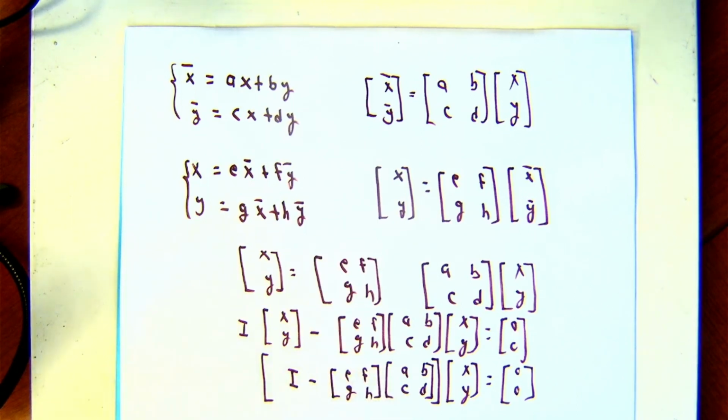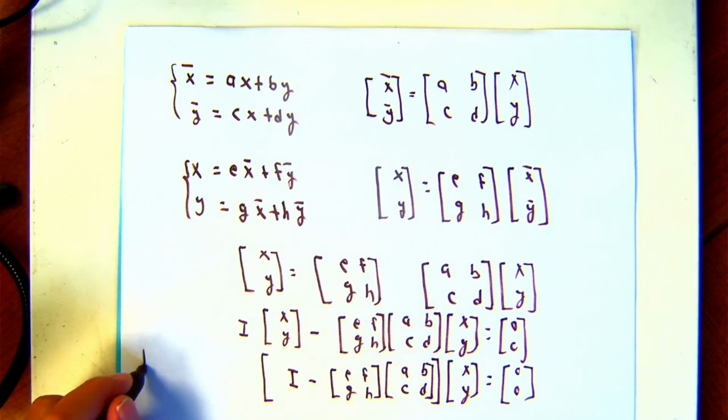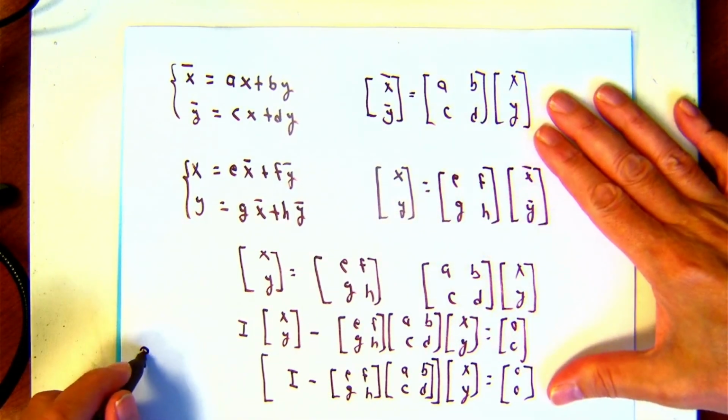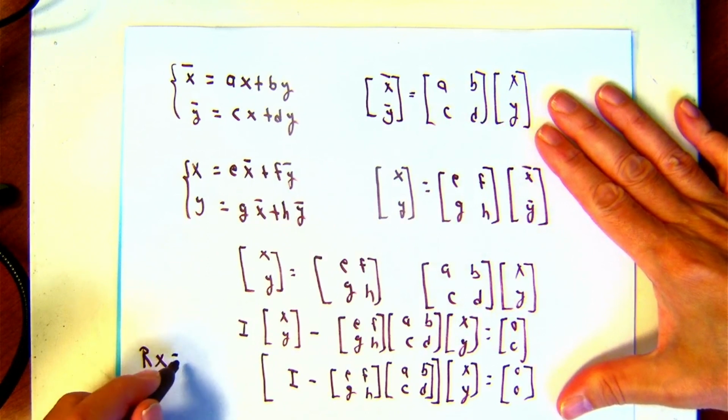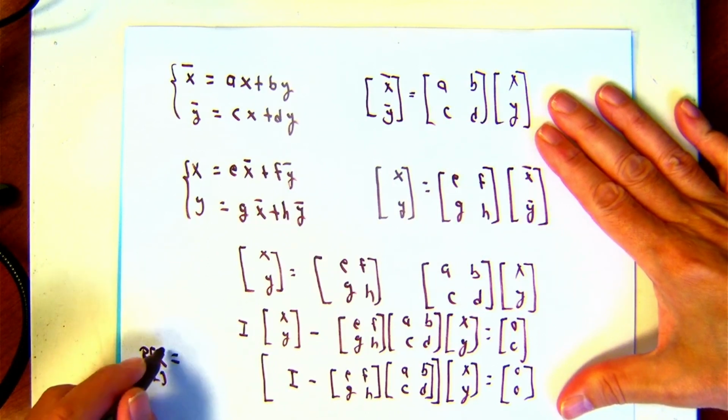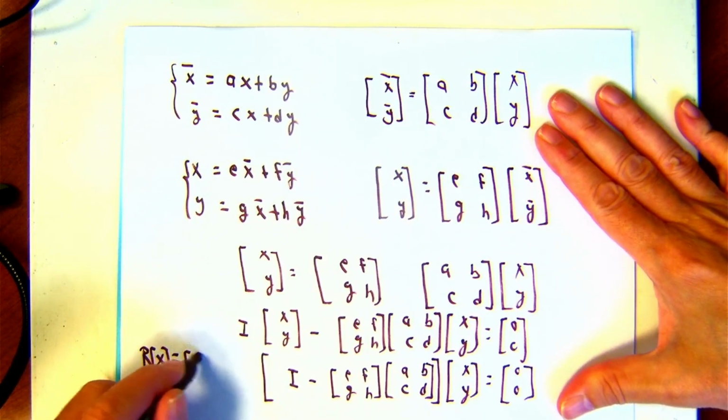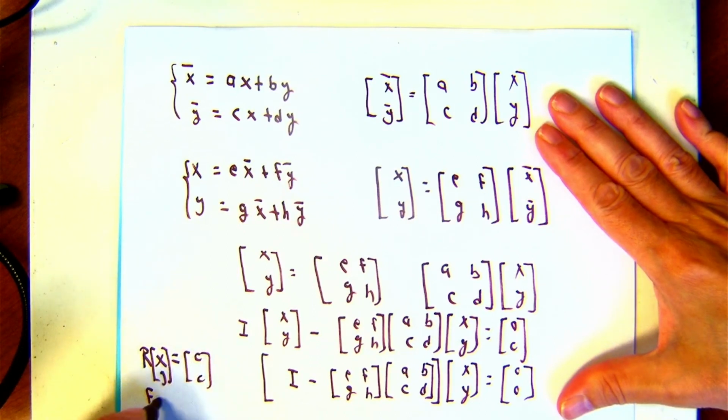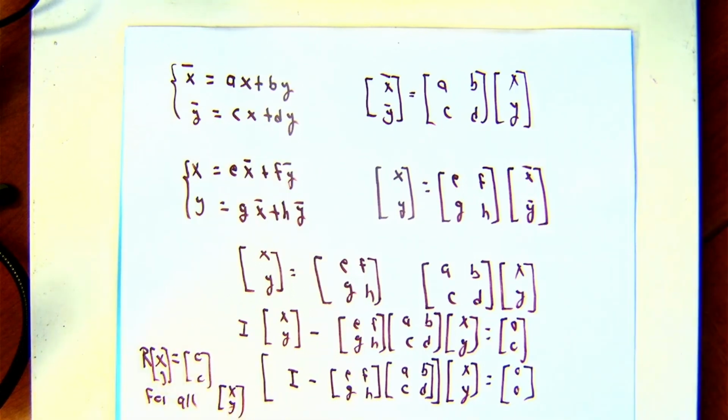I think I'll call it capital R. Capital R multiplied by xy is 0, 0, no matter what the xy is.